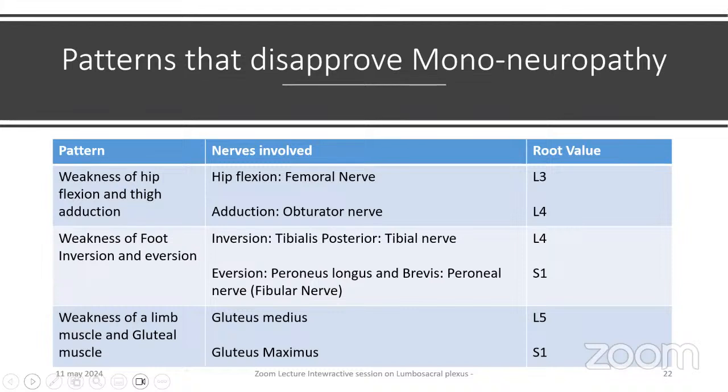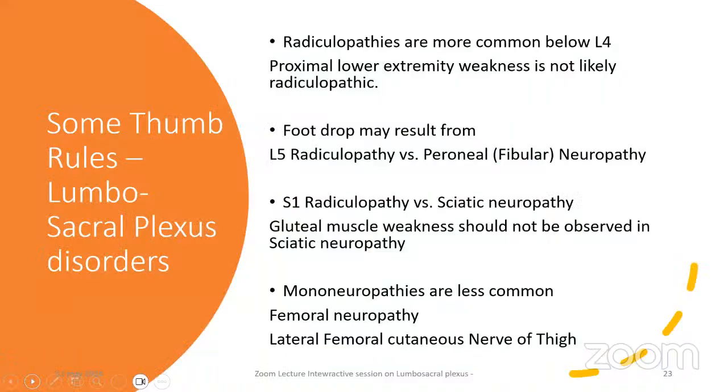The third combination which you have to remember is weakness of a limb muscle and a gluteal muscle. As I said earlier, gluteus medius is L5, that is abduction of the thigh, and gluteus maximus is extension, S1. So for the learner's sake, I'll tell how to examine in the younger generation. We'll show a couple of slides.